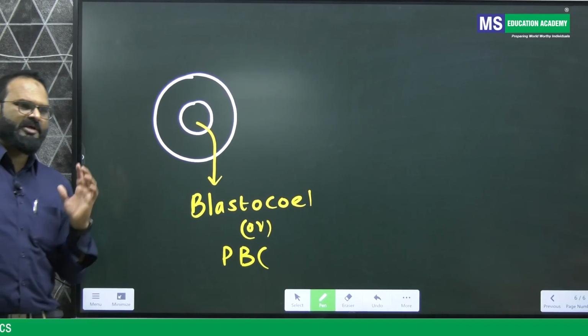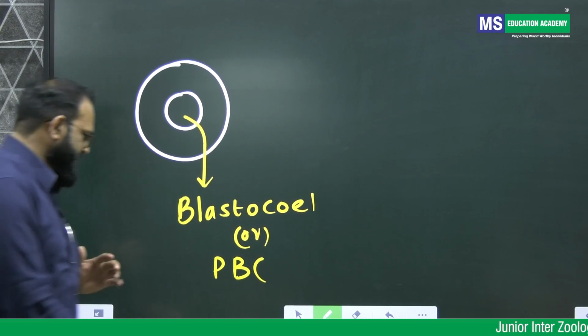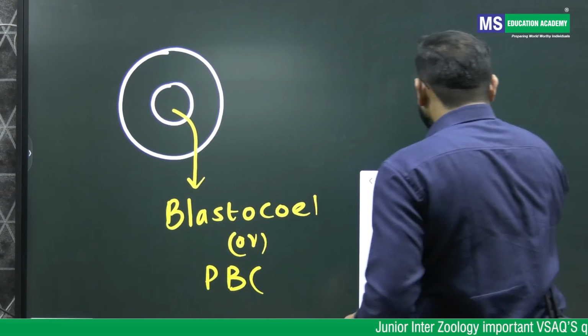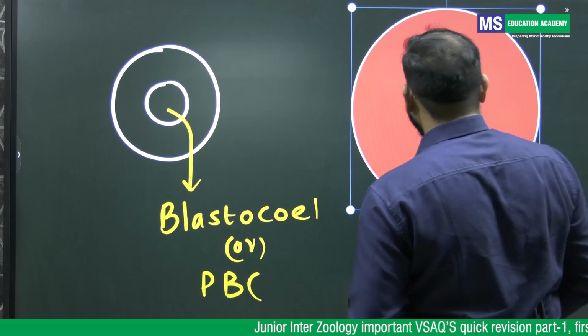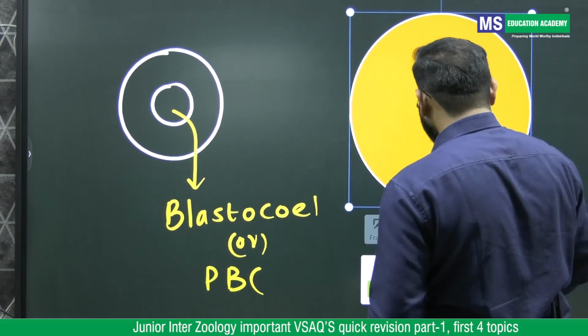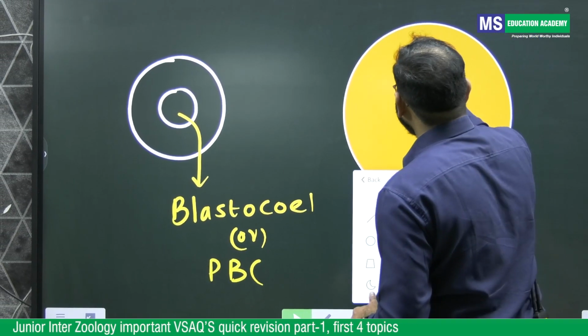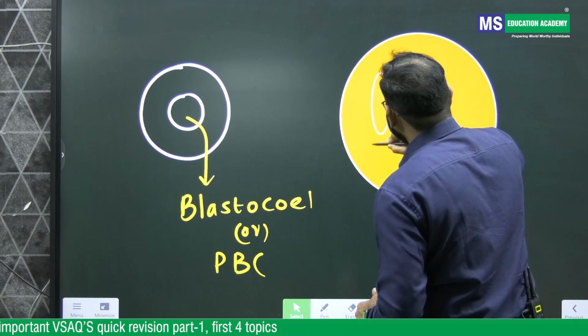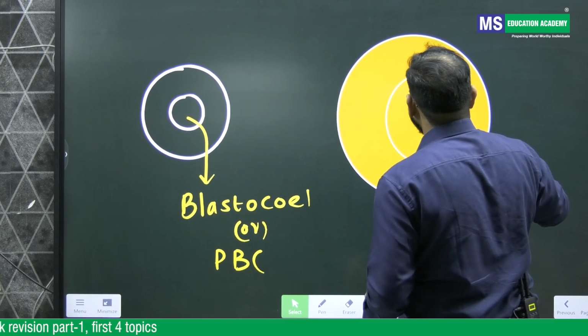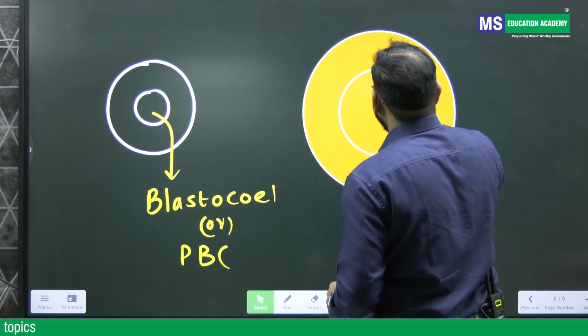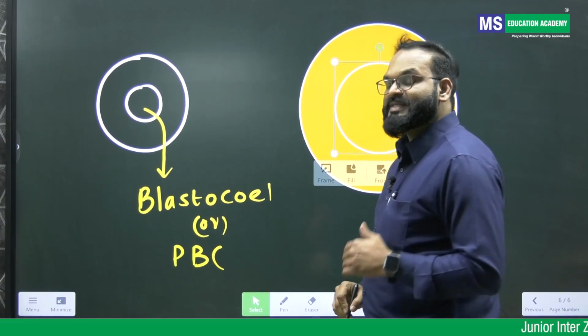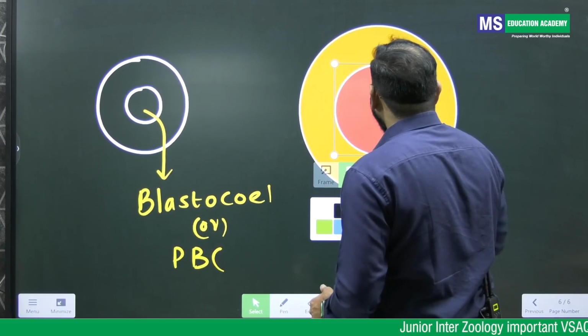Blastocoel or primary body cavity. Now see, students. So this primary body cavity will disappear and secondary body cavity will form. How is this going to form?